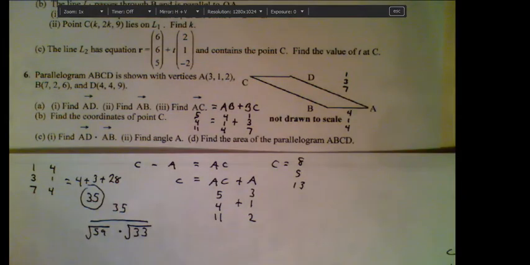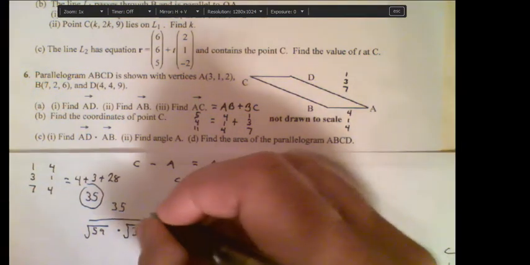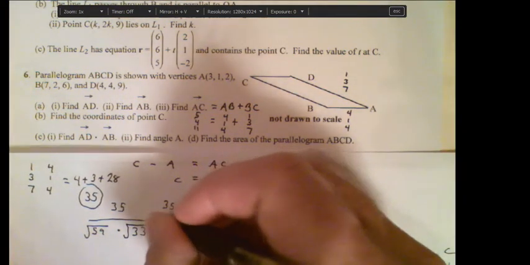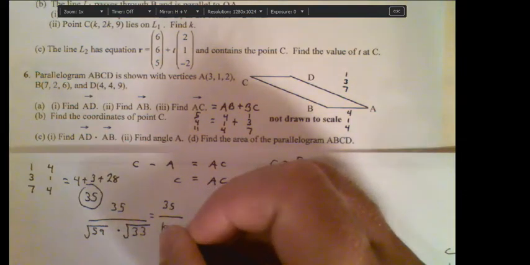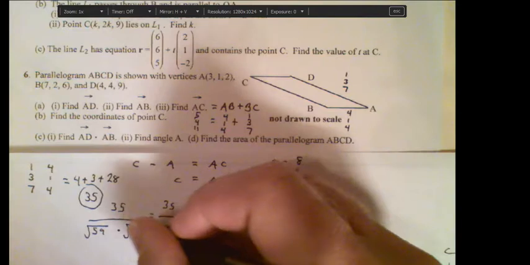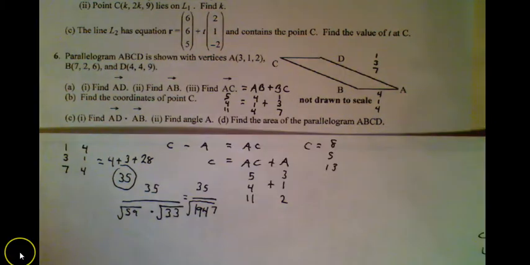So anyway, multiply straight across and we get the 35 over 1947. Remember, for this one, they are now asking for the angle, which means you got to do the inverse cosine of all that in order to get the angle, which looks like 37.5 degrees.